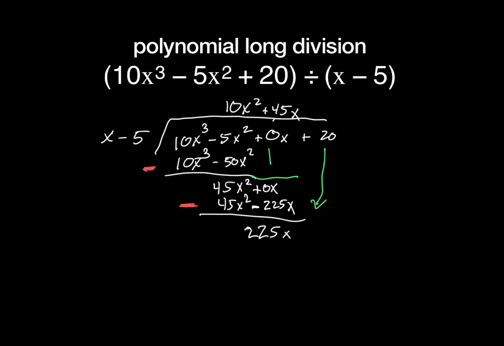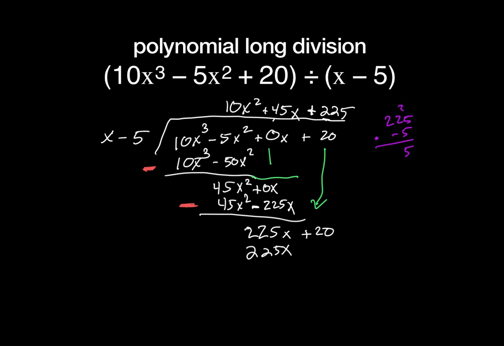Bring this down. Plus 20. Up on the very top, I'm going to then say, well, this is going to be plus 225, because when that multiplies, 225 times x will be 225x. And then 225 times negative 5, which I don't have my calculator out, so I'll do this. 225 times negative 5.